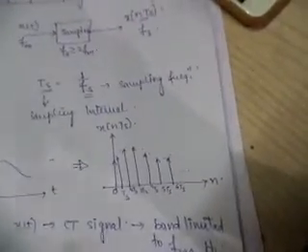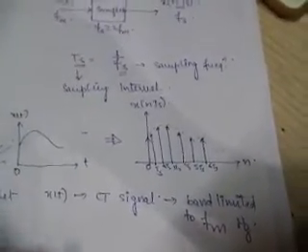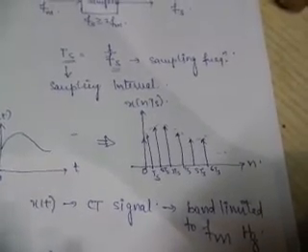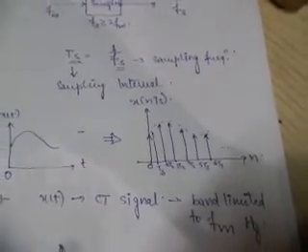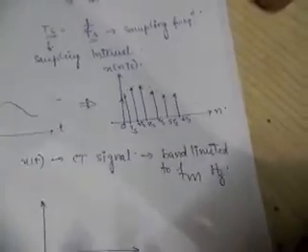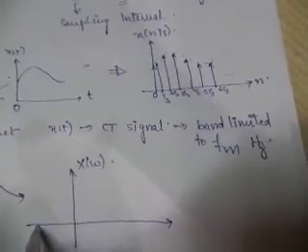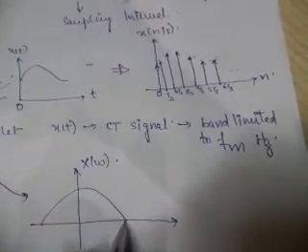It means that if this signal is x(t), then say for example, I'm not saying that we will get the same shape, but we are just assuming that the Fourier transform of this x(t), that is X(omega), is like this.